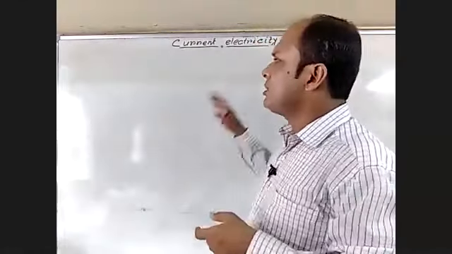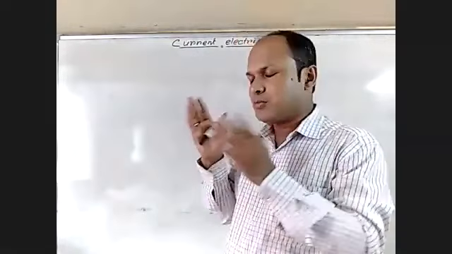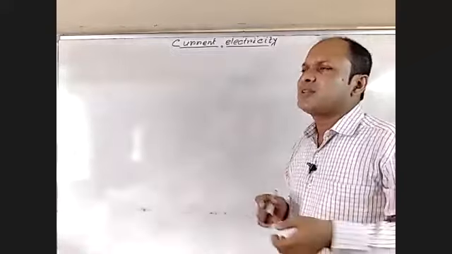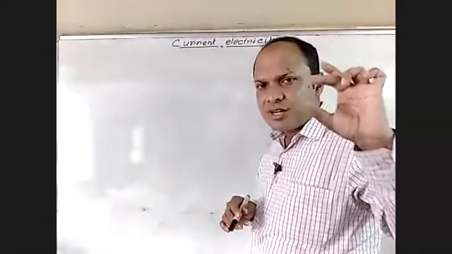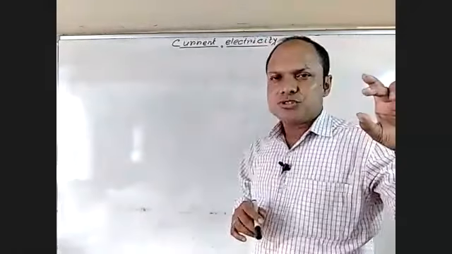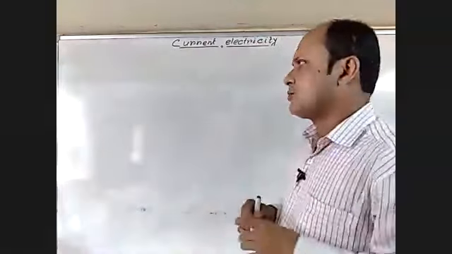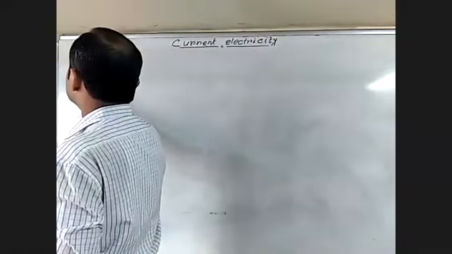Drift velocity was one of the most important points or questions of this chapter. In many cases it is asked to define drift velocity and find out the expression of it, 1 plus 2. Now let us discuss the number 6 question.